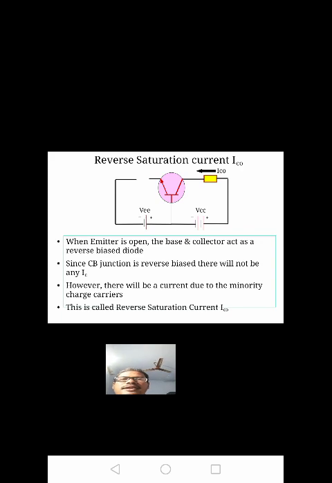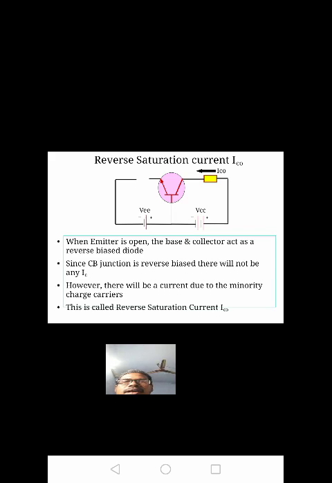Reverse saturation current, ICO. When the emitter is open, why? Because it is common for both, that's why it is an open condition. What happened? Reverse saturation. The base and collector act as a reverse biased diode. Since the collector base junction is reverse biased, there will not be any IC.